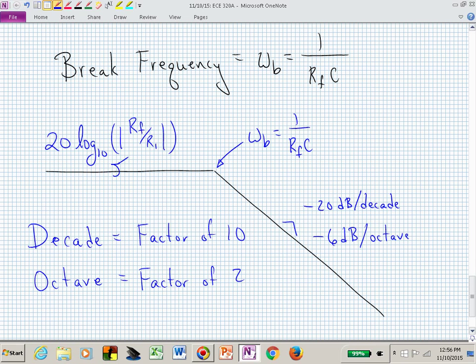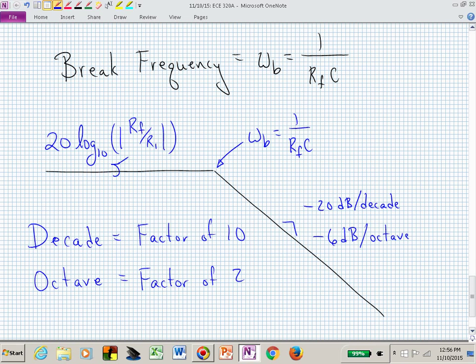If it just so happened that R sub F was 10 times R sub 1, then we would be starting at 20 dB, and then a decade beyond the break, we would be at 0 dB. We would be minus 20 from 20. Using too many round numbers. Yes?